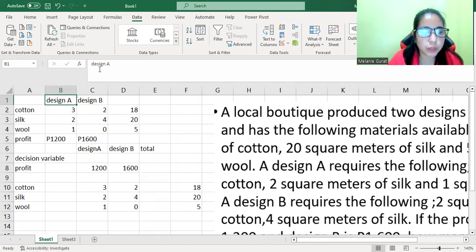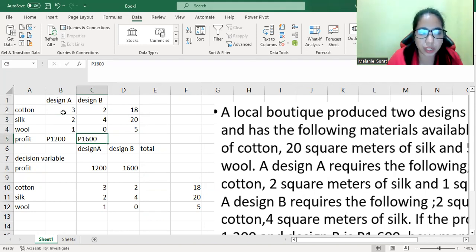To produce design A, we need 3 square meters of cotton, 2 square meters of silk, and 1 square meter of wool, to get a profit of 1,200 pesos for each design. While for design B, we need 2 square meters of cotton, 4 square meters of silk, and no wool, to come up with a profit of 1,600 for each design.